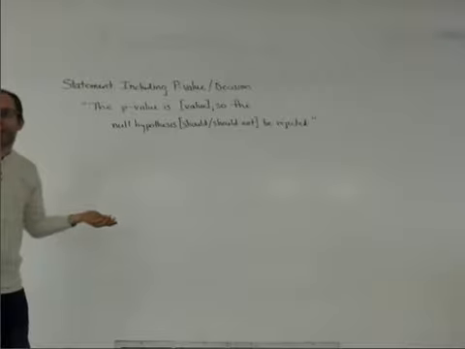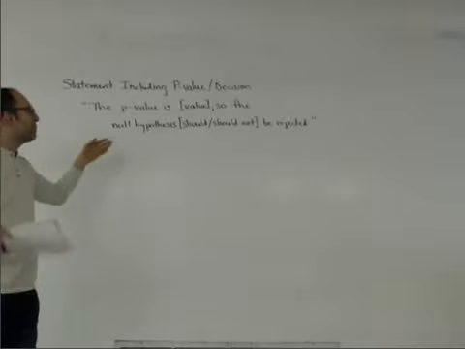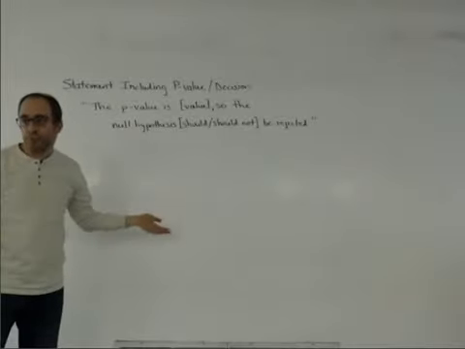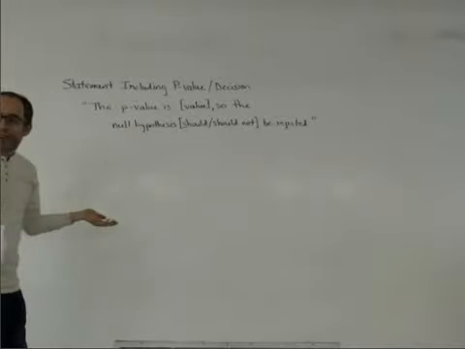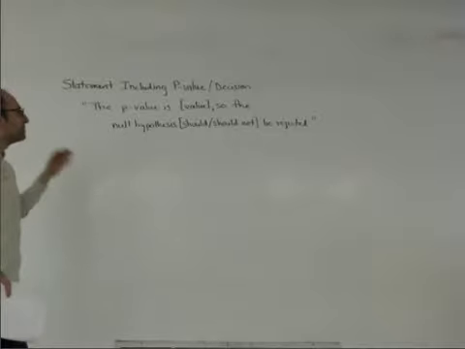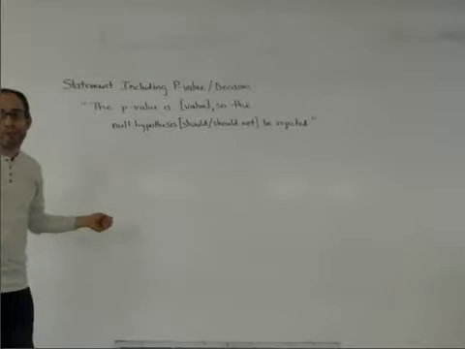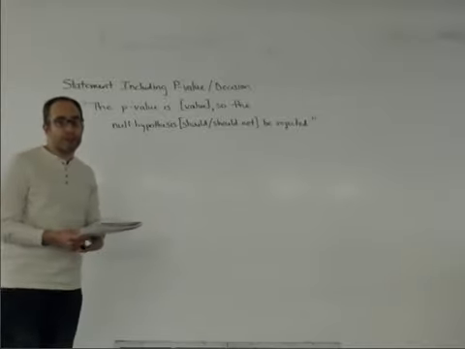So if your p-value is 0.0304, you'd say the p-value is 0.0304, so the null hypothesis should be rejected. If your p-value is kind of big, let's say it's 0.4827, then you'd say the p-value is 0.4827, so the null hypothesis should not be rejected. That's about all you have to get in there.